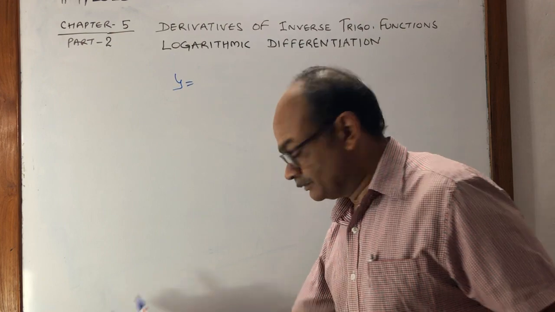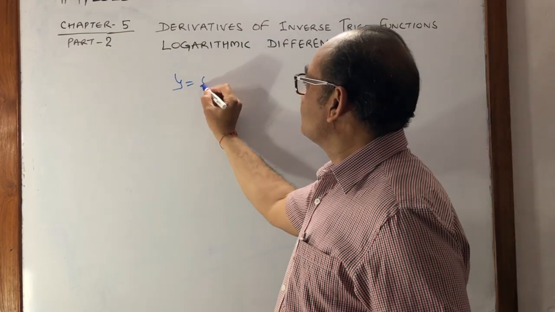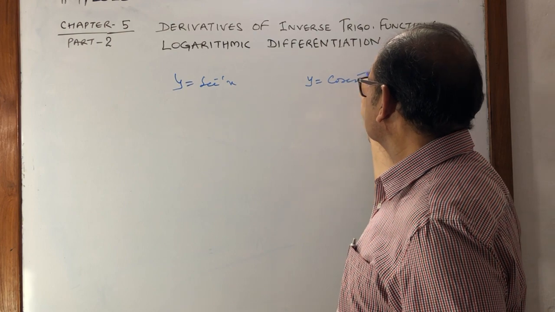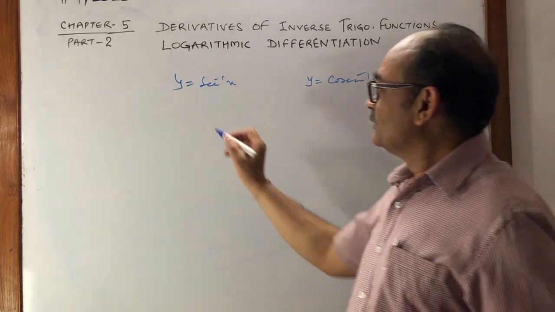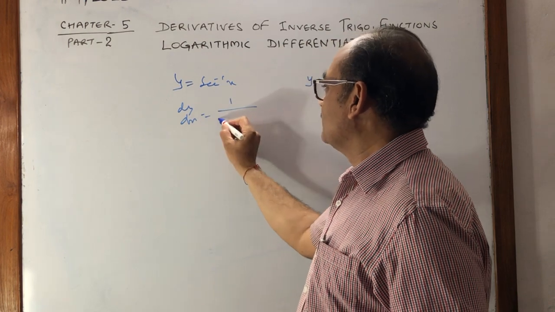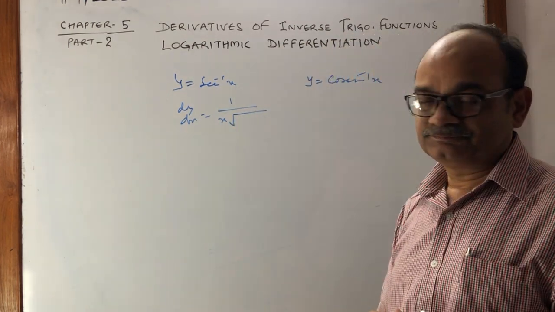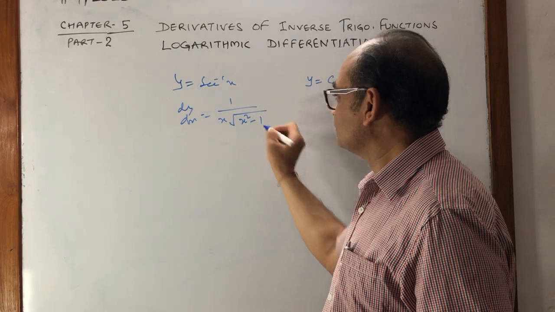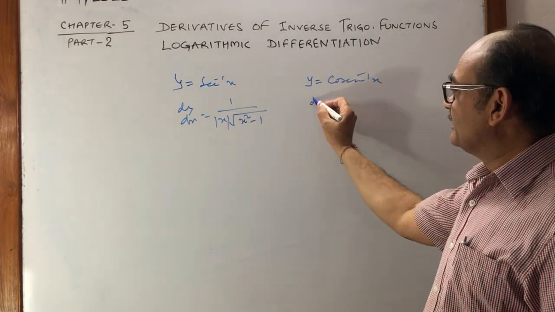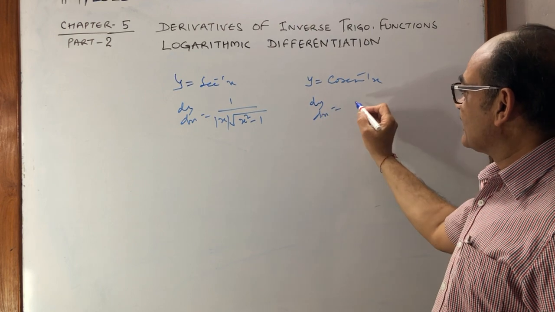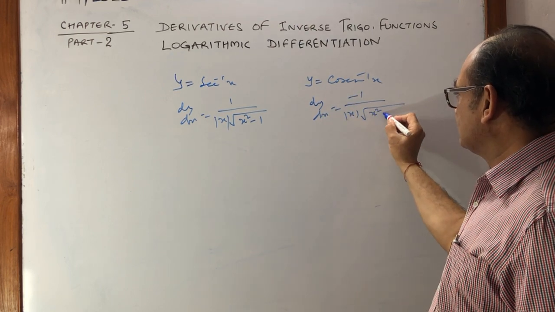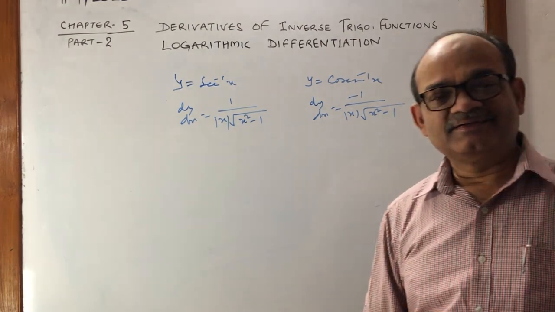If y equals sec inverse x, then a small change: dy by dx equals 1 upon x under root x square minus 1, where this x is modulus. Similarly, for cosec inverse x, simply put minus, and you can derive it very well.